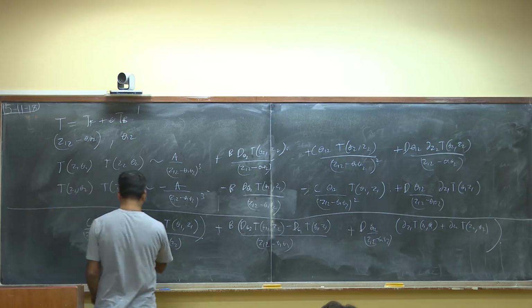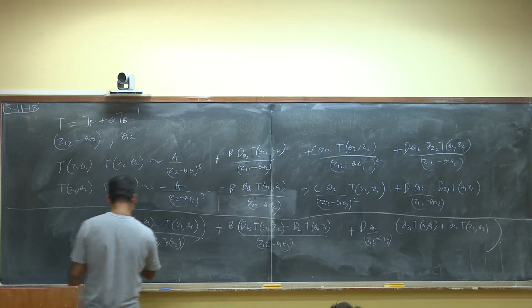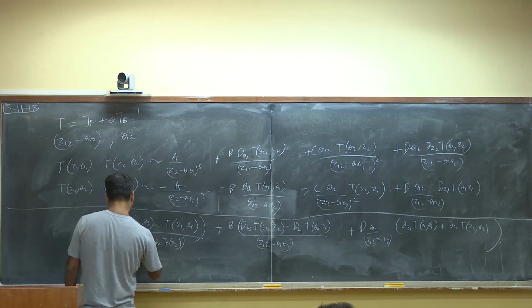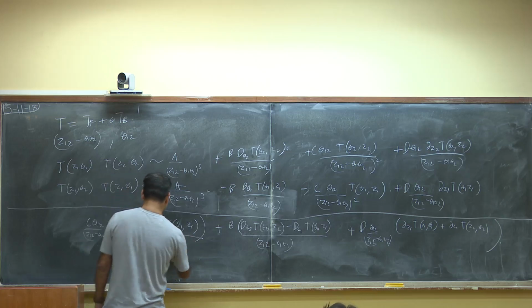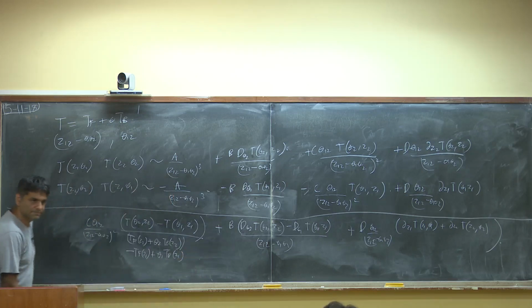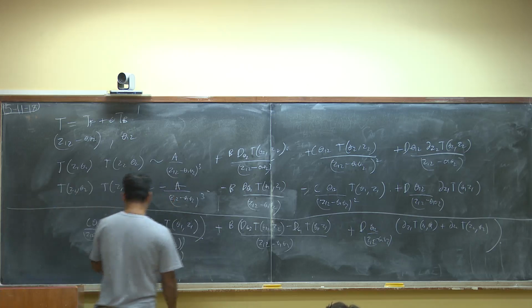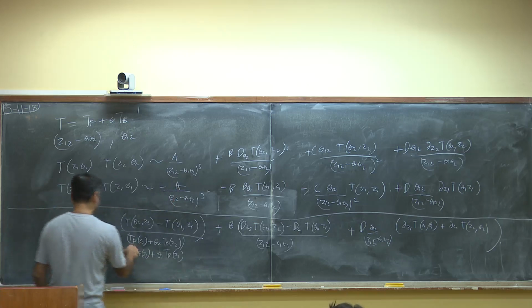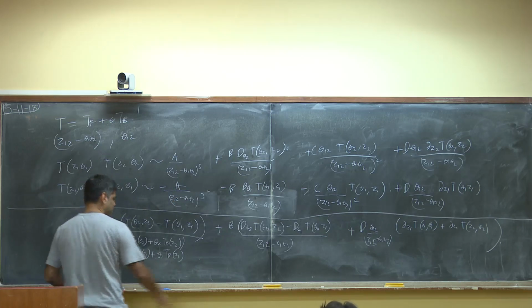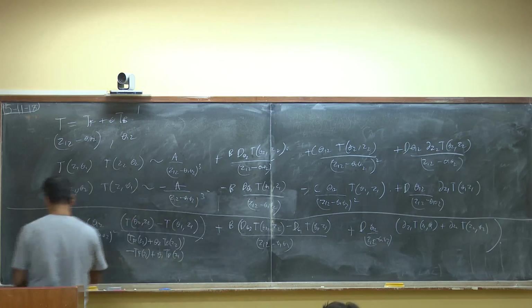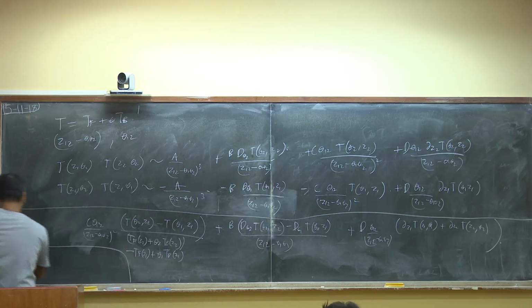This term here is minus Tf of z1 plus theta 1 Tb of z1. So firstly, the difference between these two is just Tf of, okay, so let's work it out.